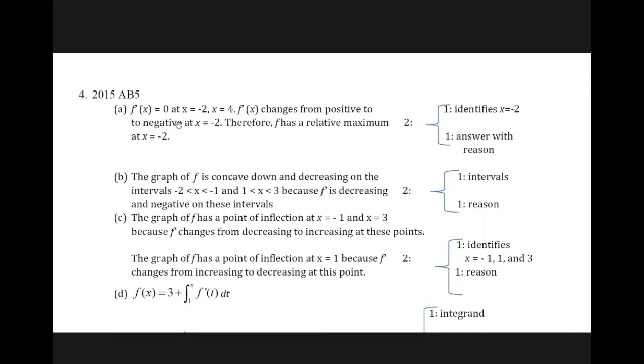So if f double prime is negative, where they're going to maybe catch you is, how do you know f double prime is negative? You would have to have shown that somehow.